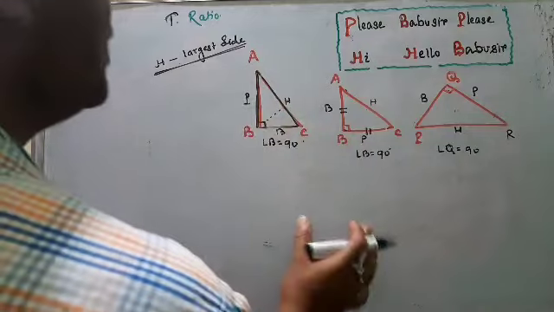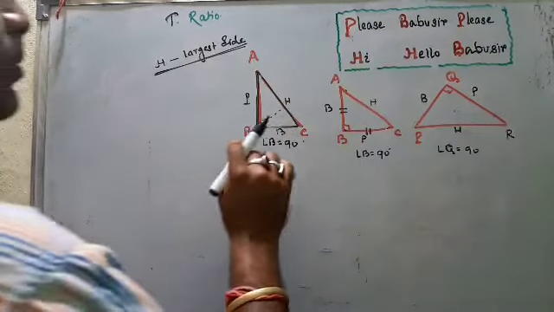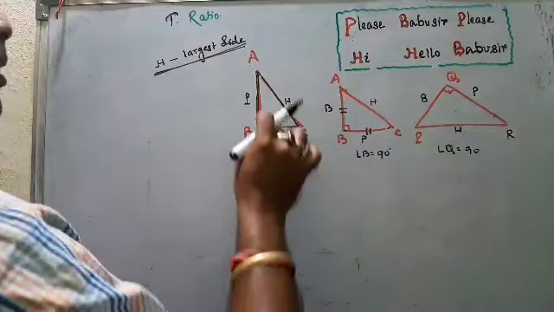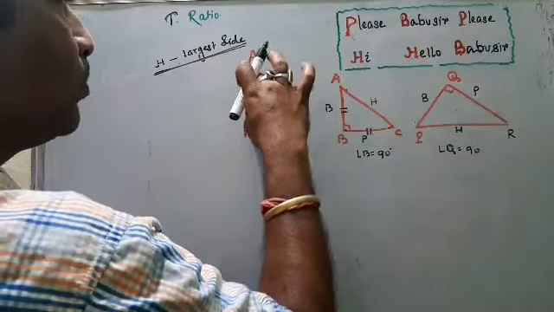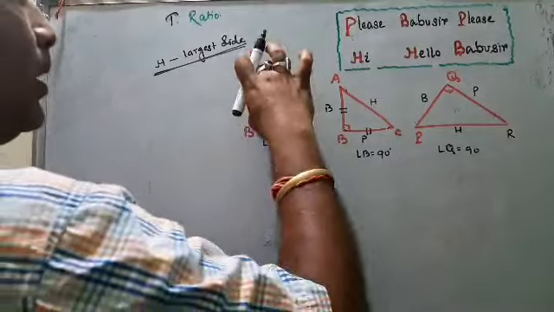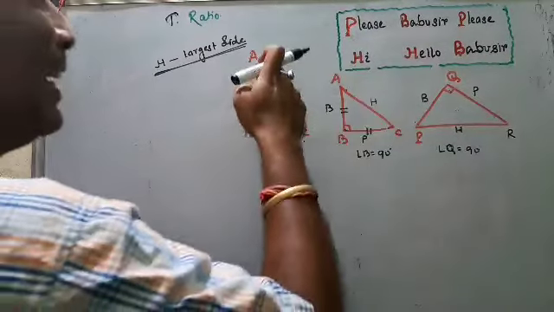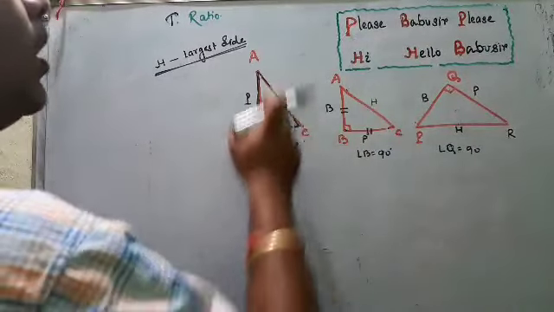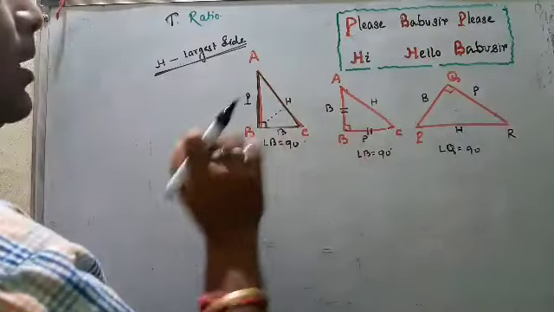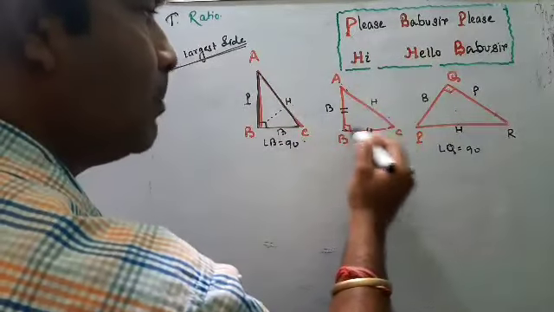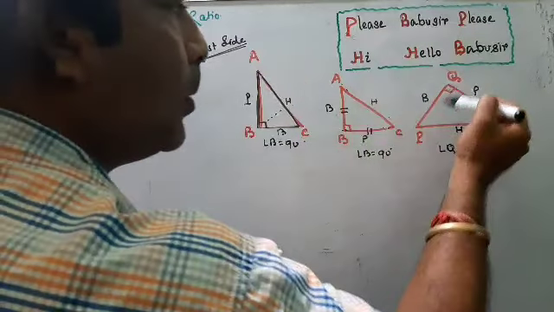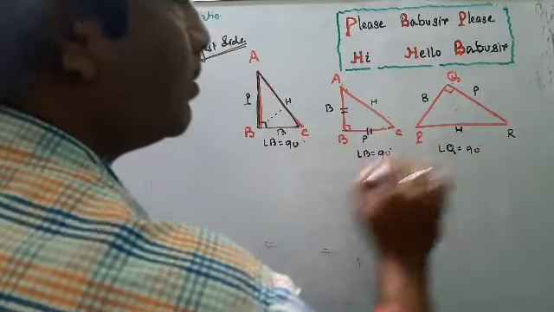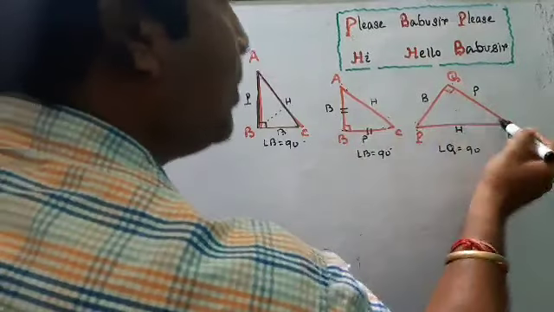For finding the ratio, ratio means the ratio of two sides: AB by BC, maybe AC by BC, AC by AB, anything; PQ by QR, or PQ by PR.